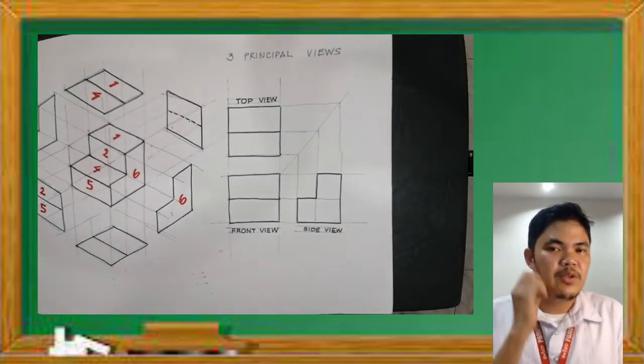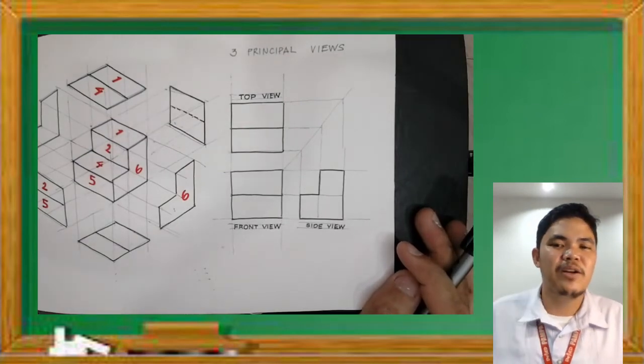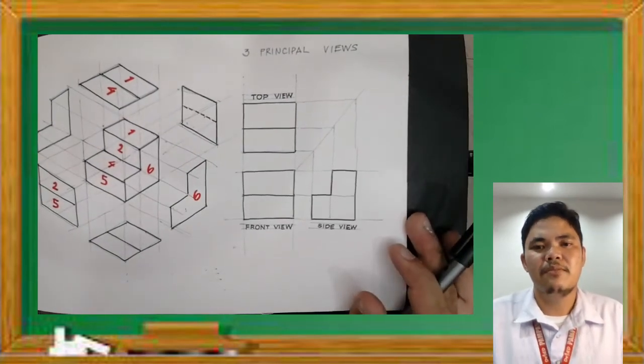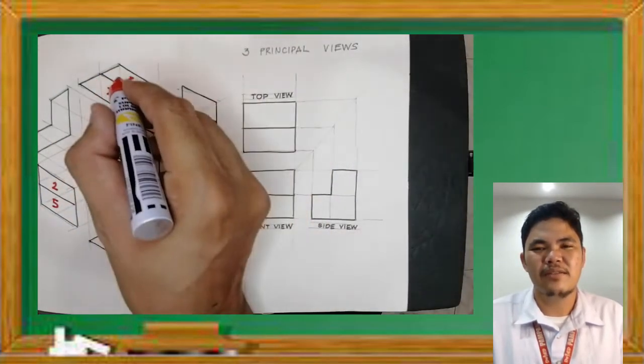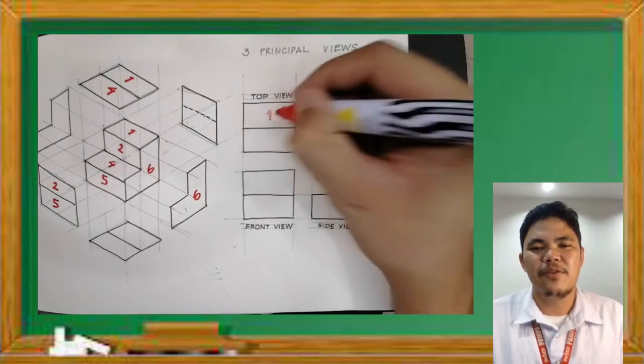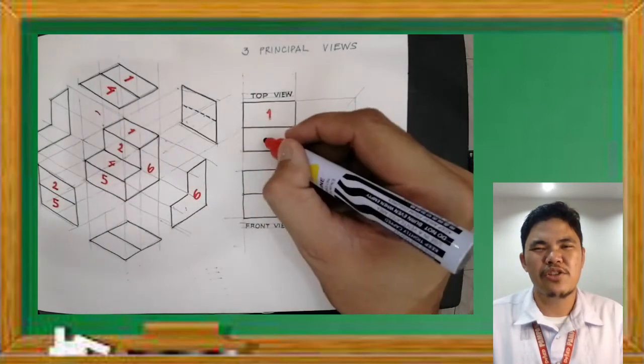Let us now analyze where the surfaces are so you can understand better. But normally, you don't need to put the surfaces. Let us just look. That is surface number 1, and that is surface number 4. This is now what we call orthographic views. What we did earlier was just a projection.